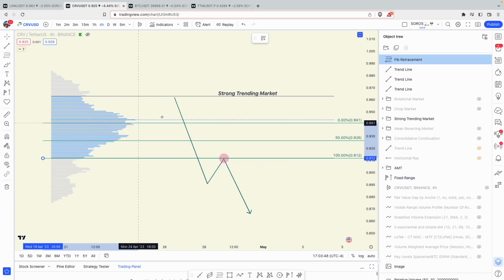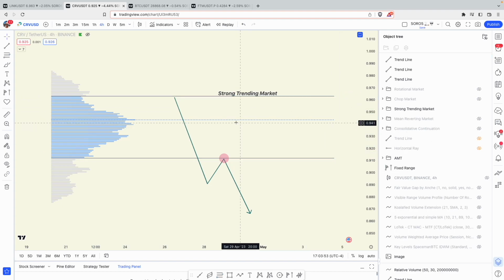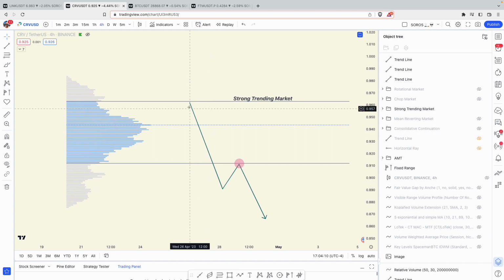So let's say this is your range low, range high, and this is your mid, the 50%. In a strong trending market, it will enter the range and then not even back test the value area high, and it might even rip right through the point of control and completely rip through the value area low. In this case, this is a really strong downtrend.